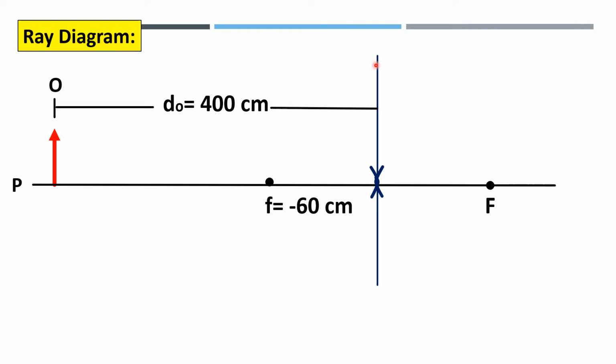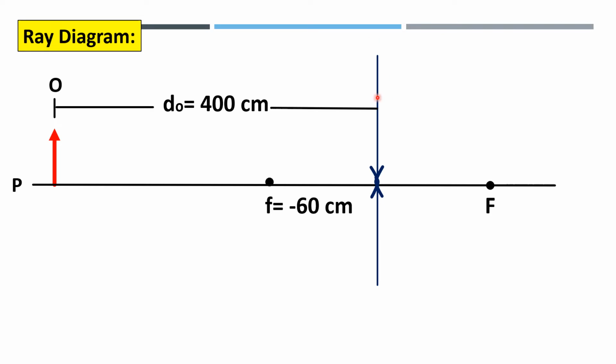We also draw that vertical line to represent the middle or center of the lens. The center of the lens is represented by the vertical line drawn here.